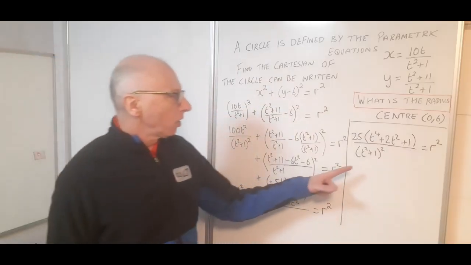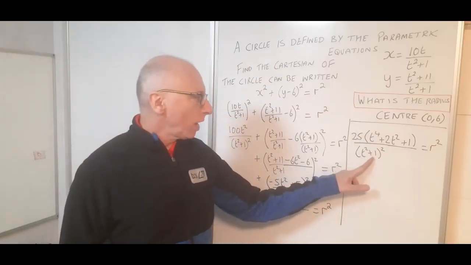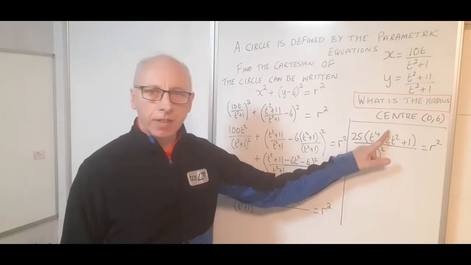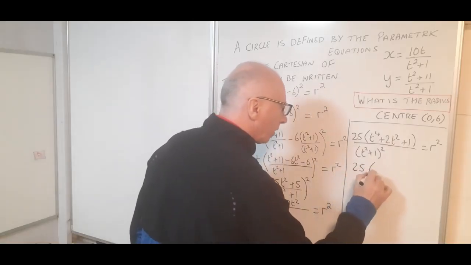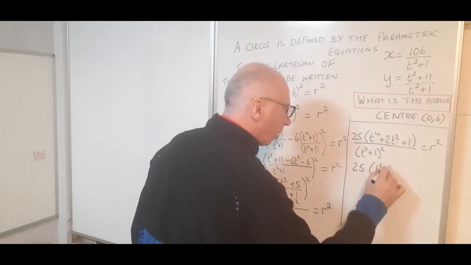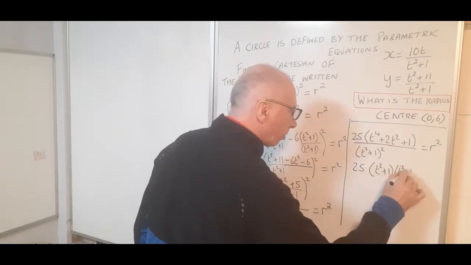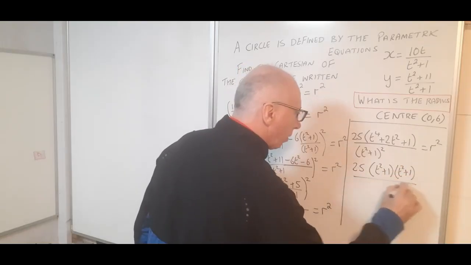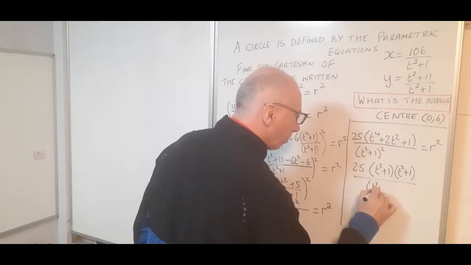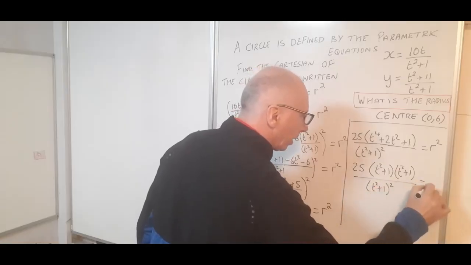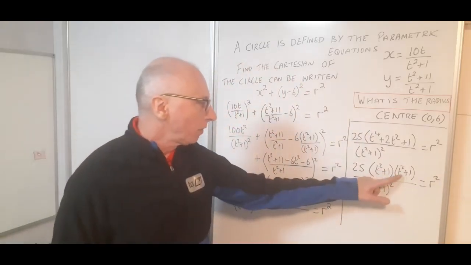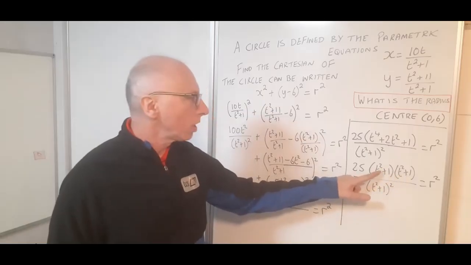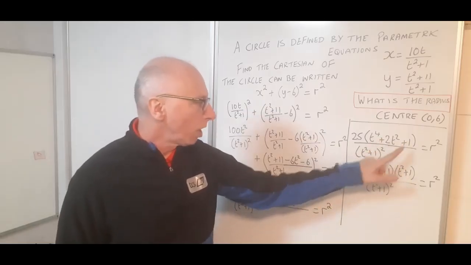Now with a bit of luck here, because I can see if I square this, I get this. So I can rewrite this numerator as 25 (t squared plus 1)(t squared plus 1), and that's over (t squared plus 1) squared, which is my radius squared. So if I FOIL out that, I'll get t to the 4 plus 2t squared plus 1, which is what I've got there.